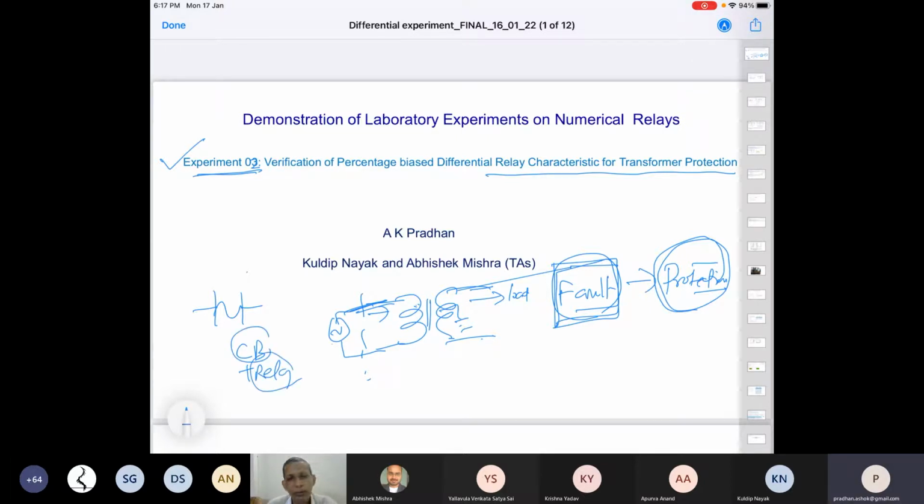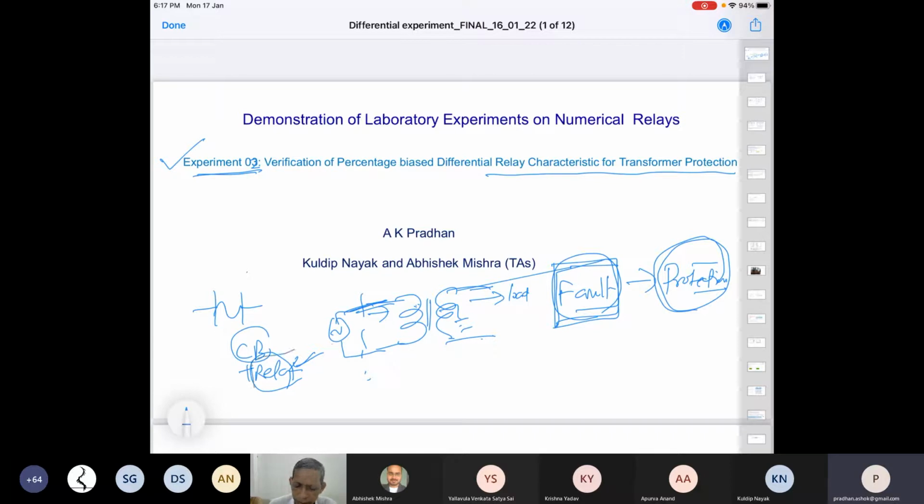So if that is so, then we talk about the relay here. The circuit breaker can be SF6, air, or vacuum, depending upon the voltage level and the breaking capacity we require for that specific transformer.